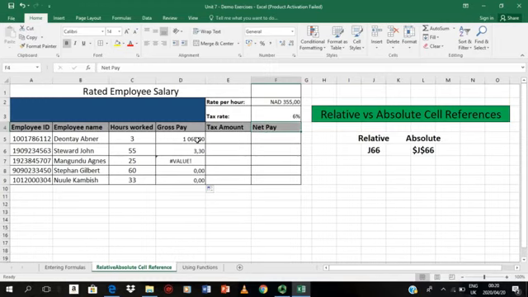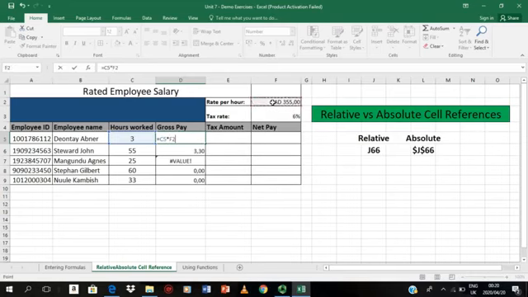It means I need to make use of an absolute cell address, so that I can keep multiplying with this same number every time. How do I do that? I simply change my formula. I double click in the cell where I entered the formula, and let's remove that.